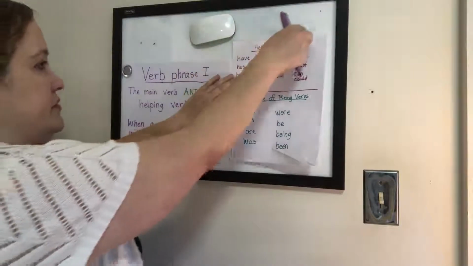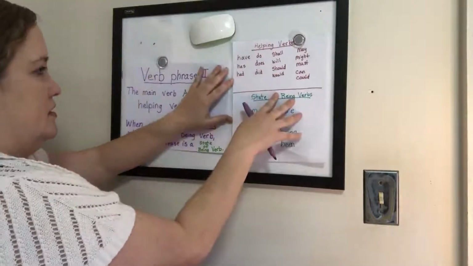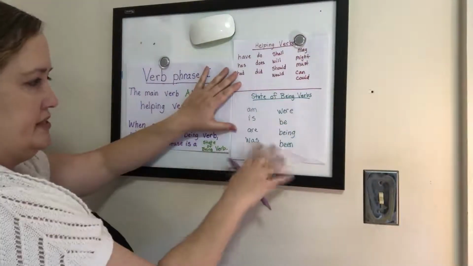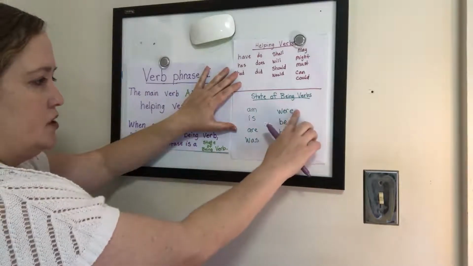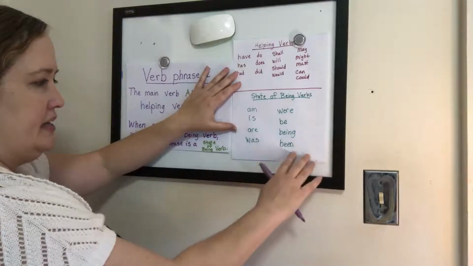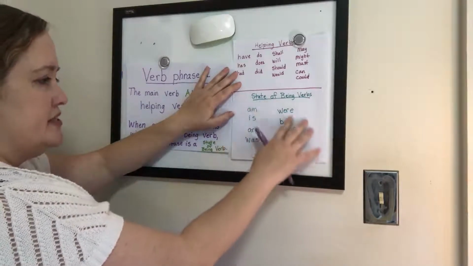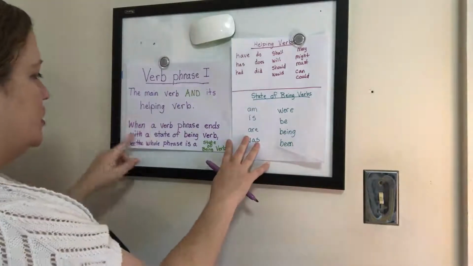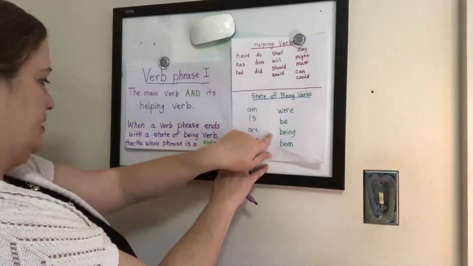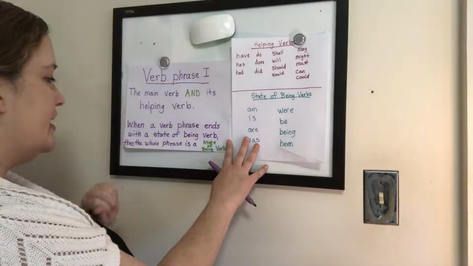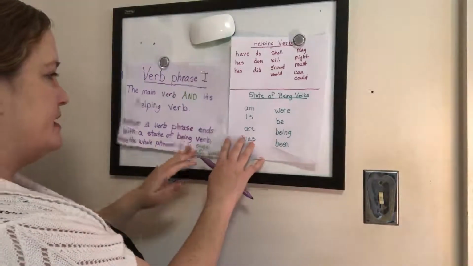That would be awesome if you memorized. We're not talking about the helping verbs, we're talking about the state of being. State of being verbs: am, is, are, was, were, be, being, been. So these are the state of being verbs. When a verb phrase ends with a state of being verb, one of these, then the whole phrase is a state of being verb.